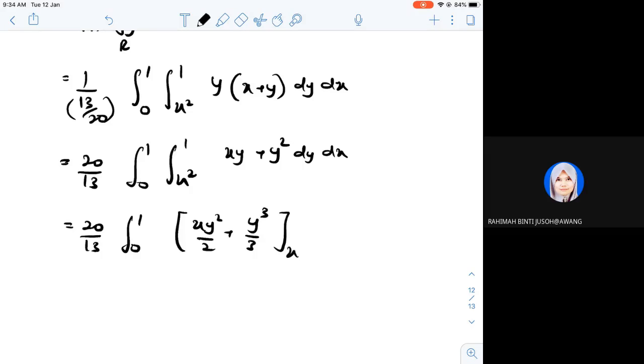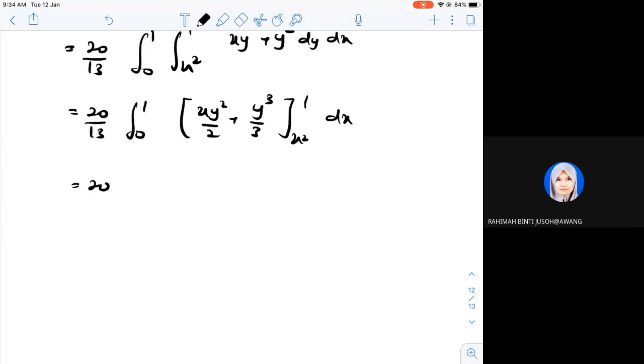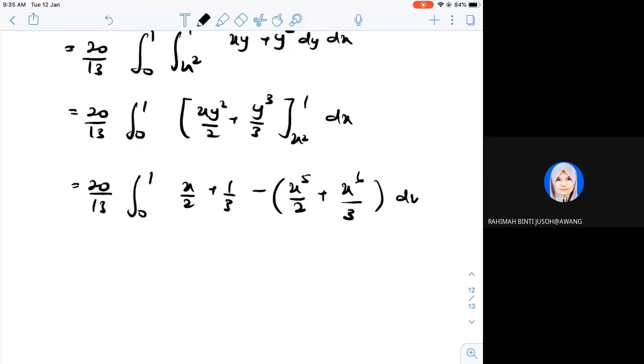Substitute x squared and 1, dx. Substitute 1 for y. We will have x over 2 plus 1 over 3 minus x squared, x to the power of 4 becomes x to the power of 5 over 2 plus 2 to the power of 3, so x to the power of 6, over 3, dx.